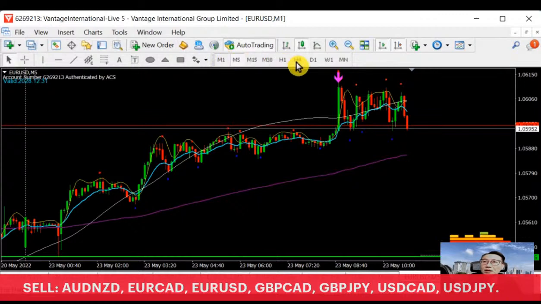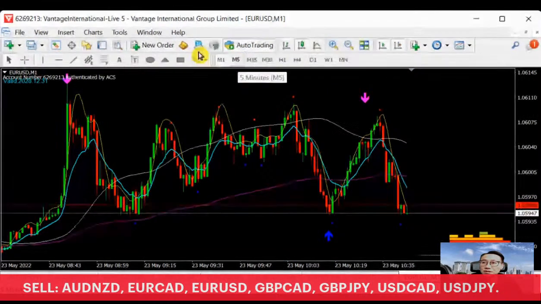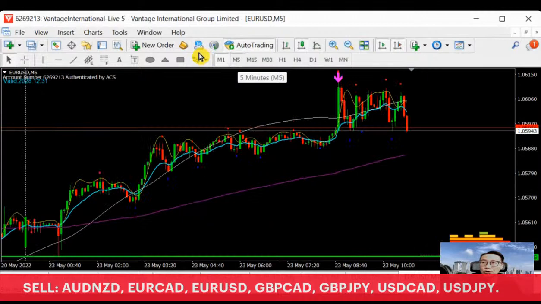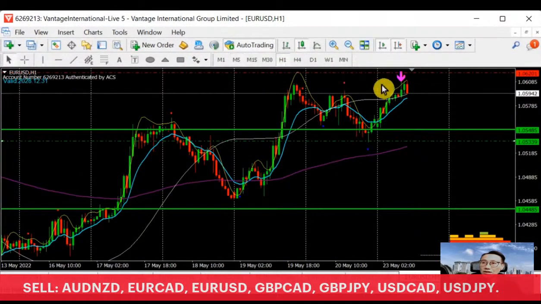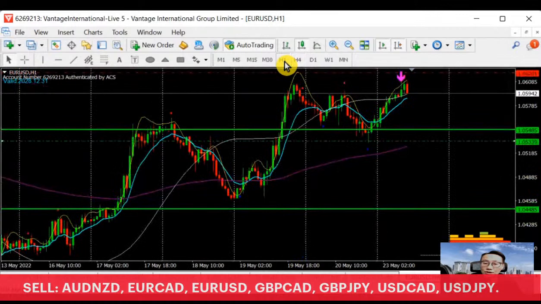Euro dollar over here looks pretty fine. It has actually come with a trigger, a trigger point coming soon. Tentatively it's still pushing through this support level over here. Right now, as I can see, the support is pretty low over there.